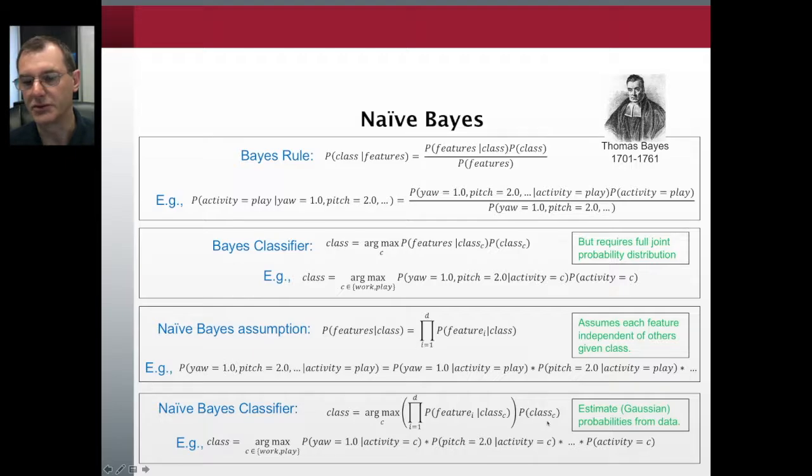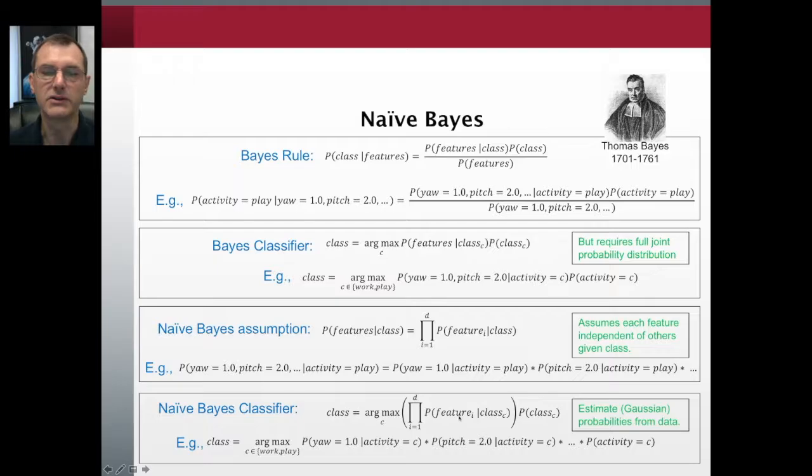And then, of course, we're also going to multiply that times the probability of the class, and that will give us our numerator, and we're interested in which class will maximize that, and that will be our final prediction. So, for example, if we wanted to know which class, work or play, is going to maximize this, we would compute the probability of each of the individual sensor values given that class times the prior probability of the class. Do that for work and then do it again for play. Whichever one's larger, that's the prediction we'll make.